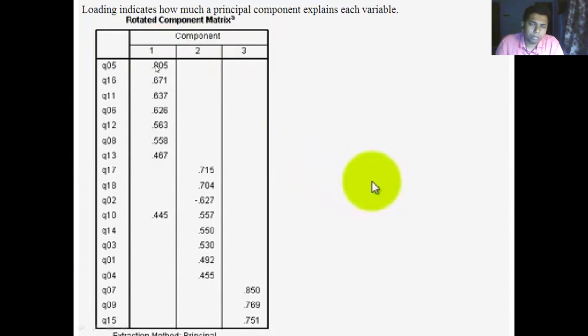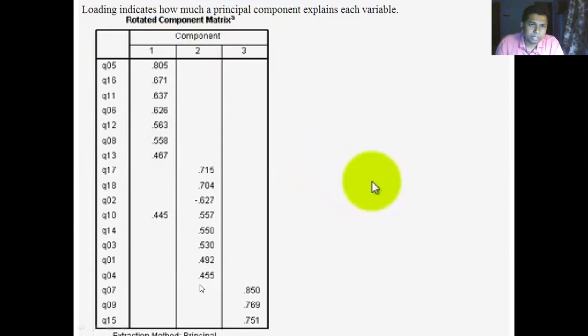So you can see that some variables are very highly loaded onto some particular component. Accordingly, you can assign the particular variables onto some components.